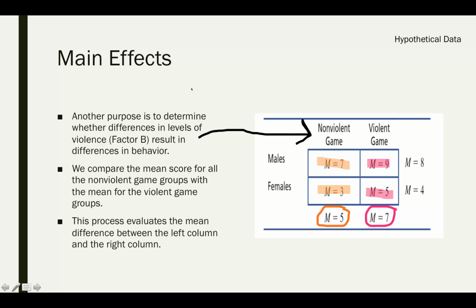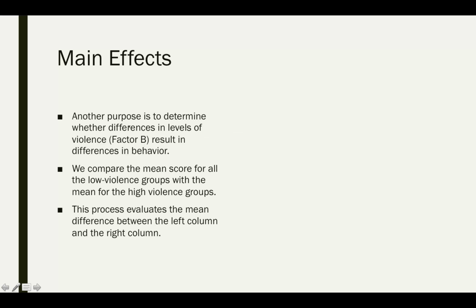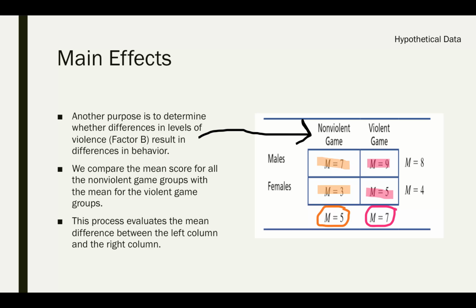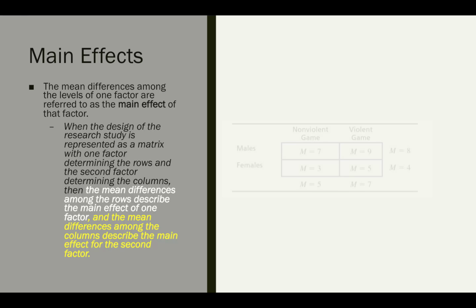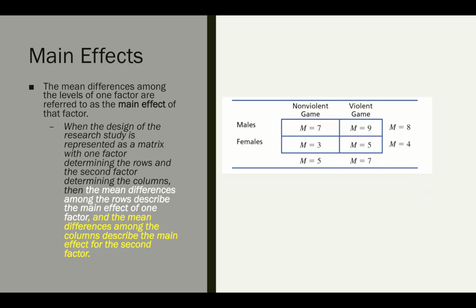So the left column and the right column, okay? So here's a little bit more about the mean differences, main effects. The mean differences among the levels of one factor are referred to as the main effect of that factor.